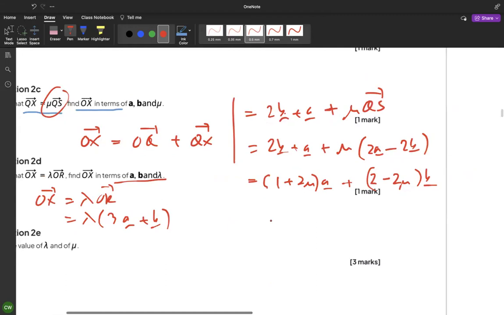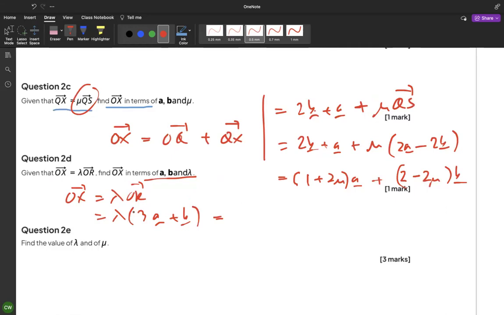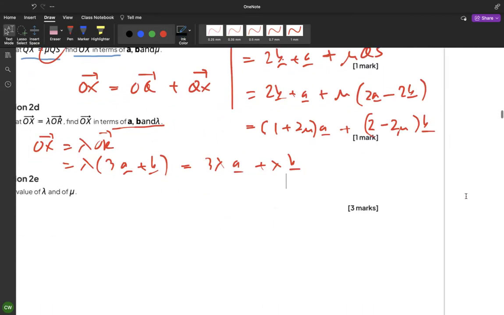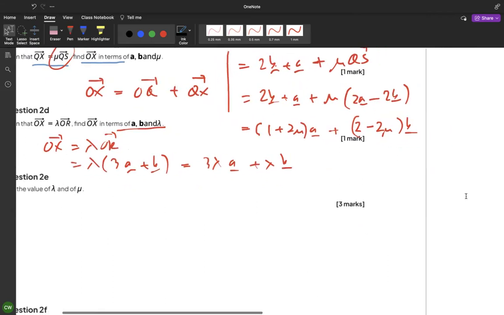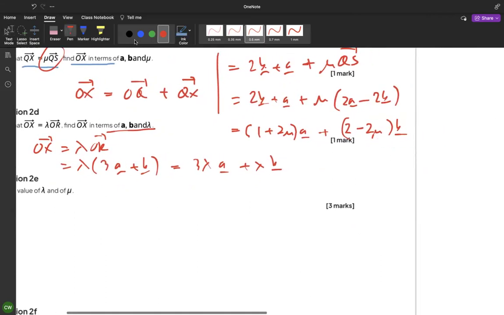Okay, now this is lambda, this is mu. So this is 3 lambda A plus lambda B. Do you agree? Okay, now we need to find the value of lambda and mu. How? This one here, do by comparison. How to compare?